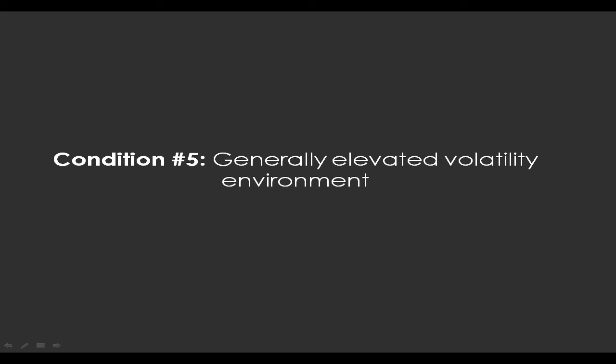All right? And with that, you'll basically have your 5 conditions that you check for. And the more of them that line up together, the higher the odds of a trend day. Okay? So for instance, the biggest odds of a trend day is if you have a mature balance, and the latest day within that balance had a volatility contraction, it's an NR4 plus, and we're gapping in a major way through that in a breakout way, and there's some economic release due that day, and it's a generally elevated volatility environment.